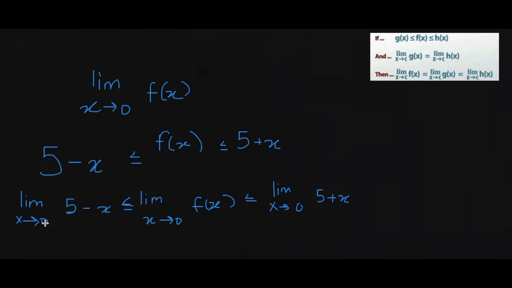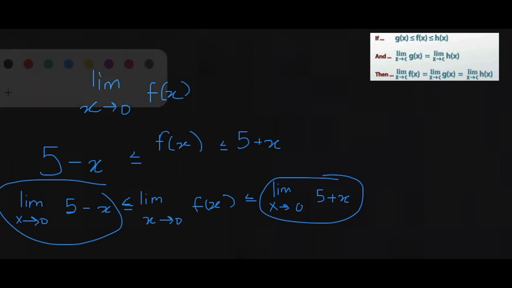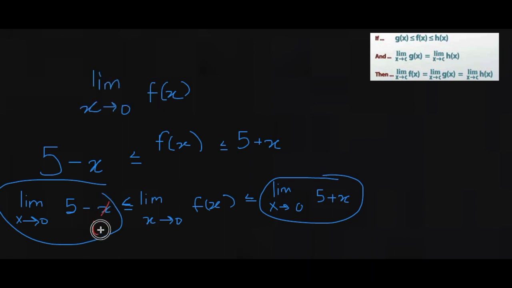And now we can just plug in 0 everywhere there's an x in this part of the equation. So what we end up getting, the limit as x approaches 0 of 5 minus x just gives you 5.